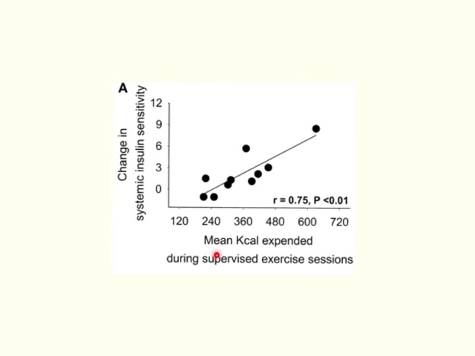So here's mean kcals expended during the exercise sessions, and then the change in insulin sensitivity. So we see a strong positive correlation. So the more calories, the more physical activity someone does, the higher the insulin sensitivity.